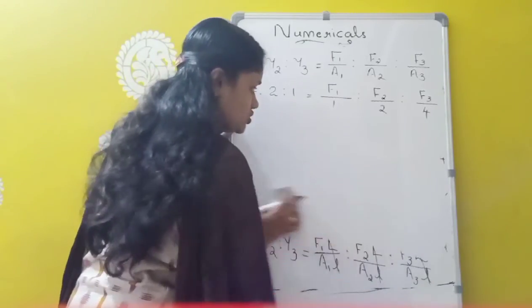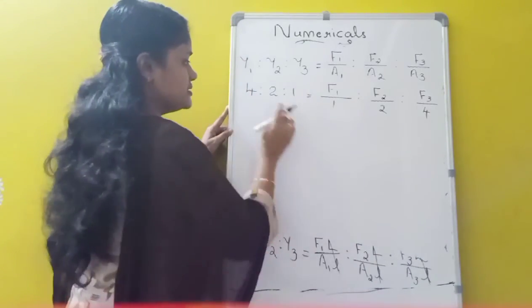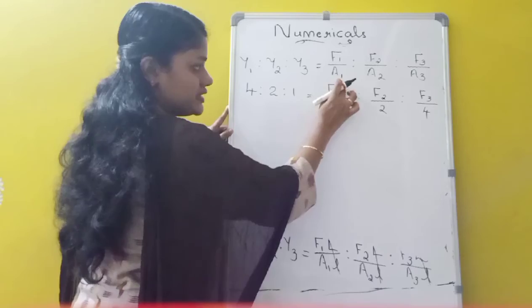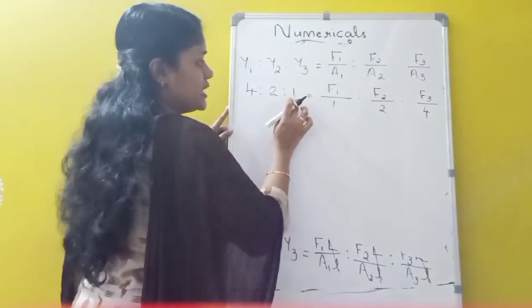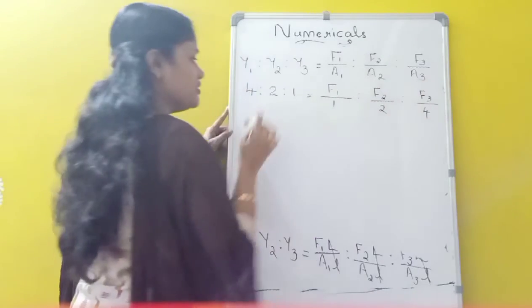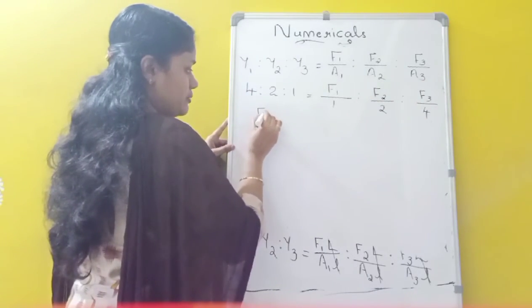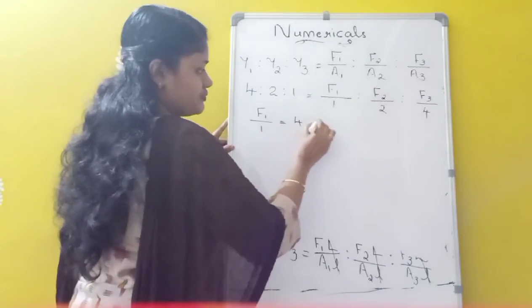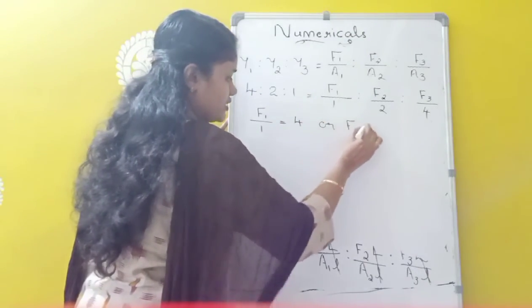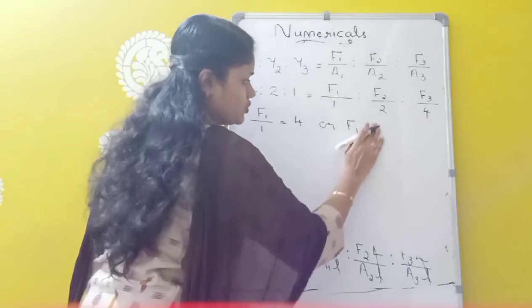Now this is an equation, so we can equate both sides. 4 equals F1 by 1, 2 equals F2 by 2, and 1 equals F3 by 4. So F1 equals 4 into 1, which is 4.